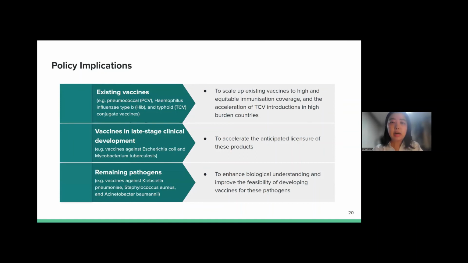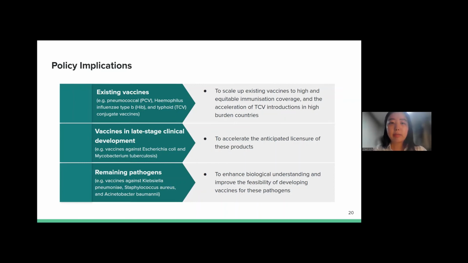So firstly, to be specific, existing vaccines such as PCV, Hib vaccine, and TCV already have a significant impact on AMR, but our finding shows that it could have even greater impact with increased coverage. And therefore, we highlight the importance of increasing the coverage of existing vaccines and accelerating the introduction of TCV, especially in the high burden countries.